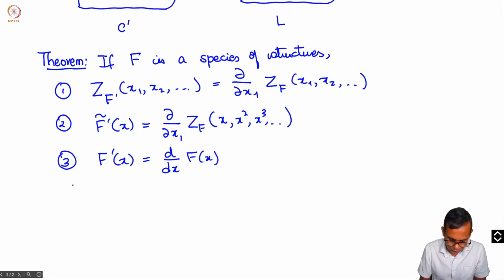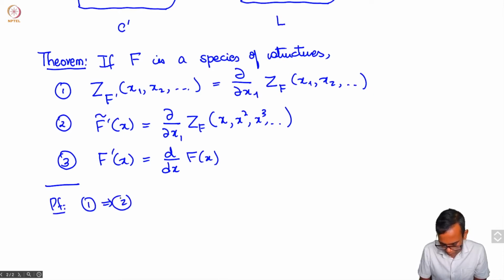So in fact 1 implies 2 and 3. That's completely clear. So we only have to prove 1.